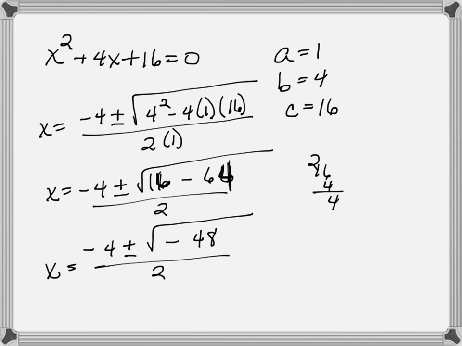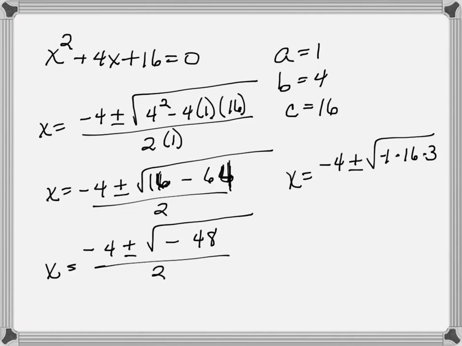Okay. So now we're going to need to simplify under our radical a little bit. 48 is 16 times 3. So if I'm going to write that factored out, that'd be negative 4 plus or minus the square root of negative 1 times 16 times 3.